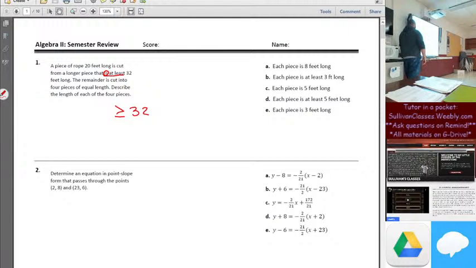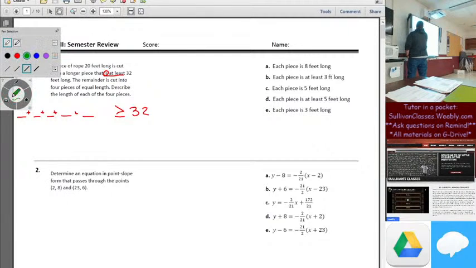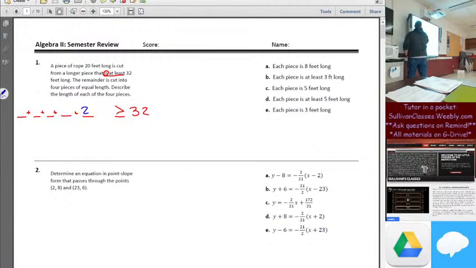The remainder is cut into 4 pieces of equal length. So I've got 1, 2, 3, 4 pieces, and this big chunk here, 5. Four pieces of equal length and 20 feet. If those are all equal length, and I have no idea what they are, what to be they?